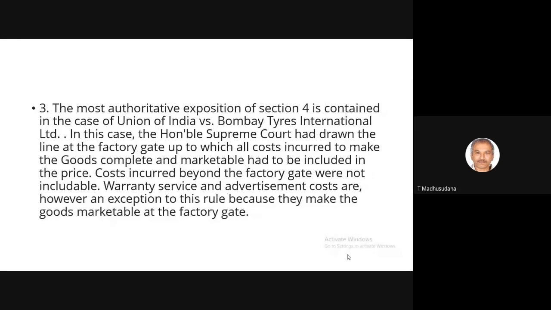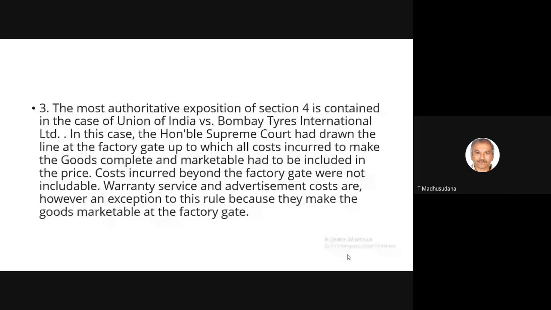Suppose the same product is sold for 50 rupees, on 50 rupees they have to collect tax 10%. How much? 5 rupees. So whatever the value addition, on additional value only you have to collect the tax, not on the reduced price.